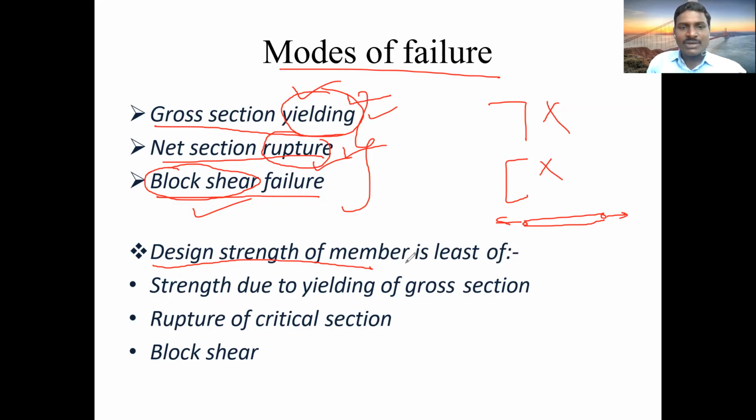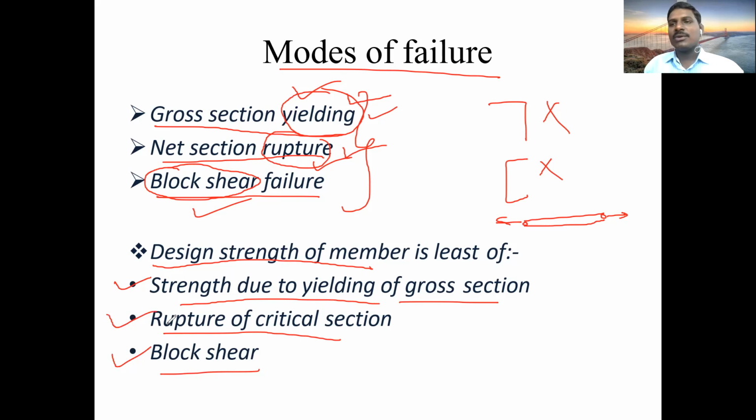So the design strength of the member is the strength due to yielding of gross section, rupture of critical section, and block shear. These three strengths we have to calculate to carry the tensile force. How much tensile force is carried under yielding, under rupture and under block shear, similar to how we calculated shearing, bearing and tension for bolts.